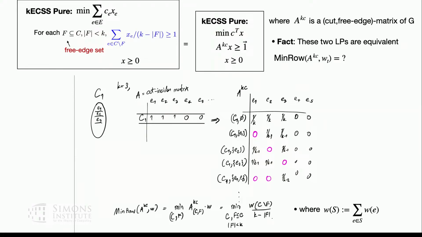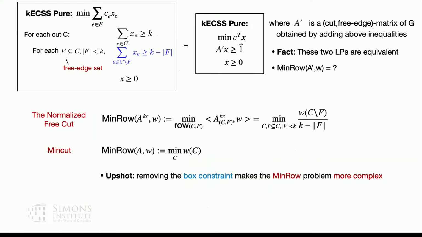And then the min row problem turns out to look like the following function, that you want to minimize over all cuts, and for each cut you allow to ignore up to f edges, where f is at most k minus 1, and then you need to also normalize by k minus f. And here, when I denote w(S), it means the sum of the weights inside that set. The upshot is that this is the new min row problem in the kECSS problem. So we get this expression, which we call the normalized free cut problem.